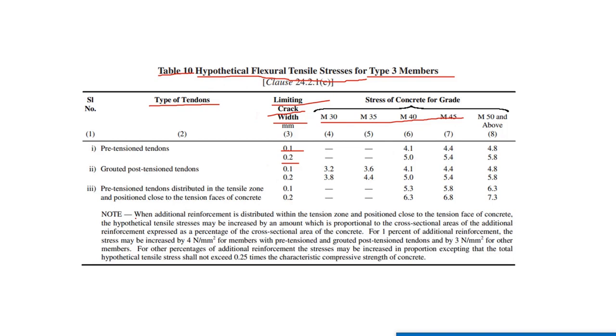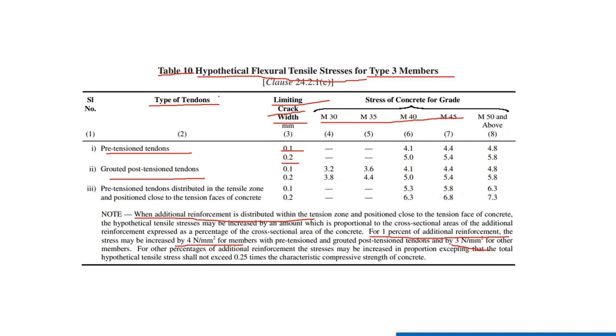And as a note, it is mentioned that when additional reinforcement is distributed in the tension zone, for every 1% additional reinforcement, the hypothetical tensile stress can be increased by 4 Newton per mm square for these two categories, pre-tension tendons and grouted post-tension tendons. It can be increased by 3 Newton per mm square for other members, for the third category.